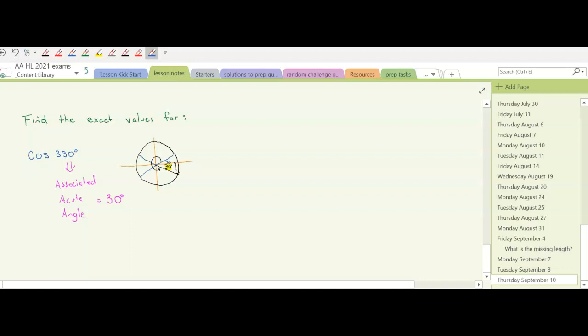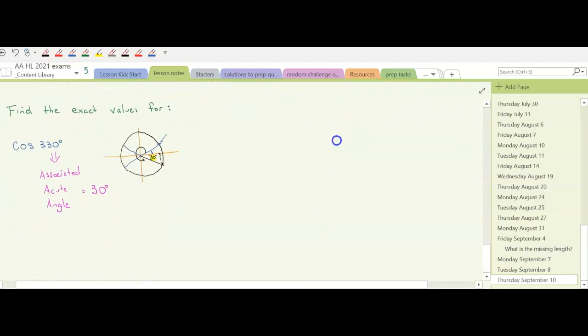Now the reason we want the associated acute angle is that if I know what the coordinates are here, then I just apply my all stations to Corio to work out whether I'm positive or negative. So for instance, let's work out what cos 30 is.